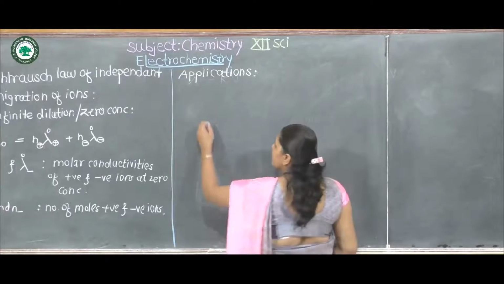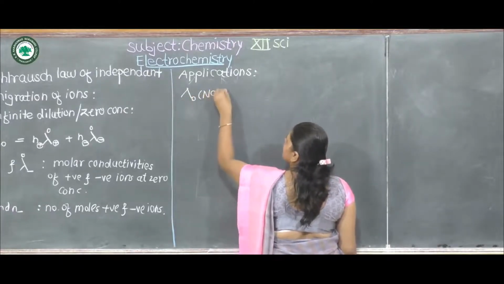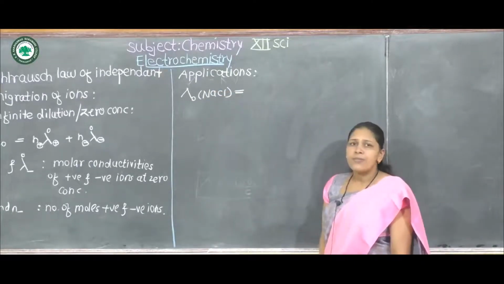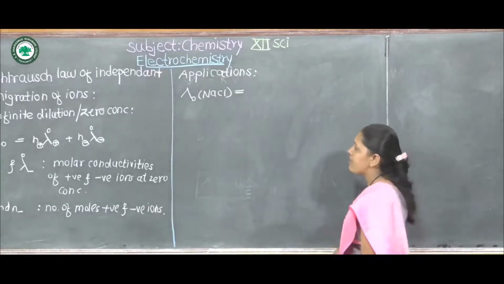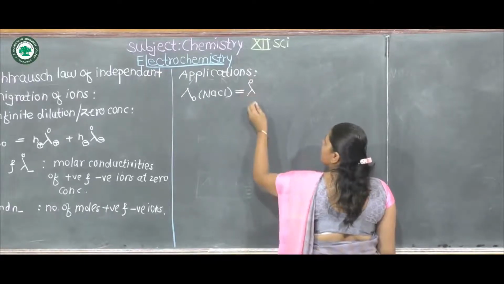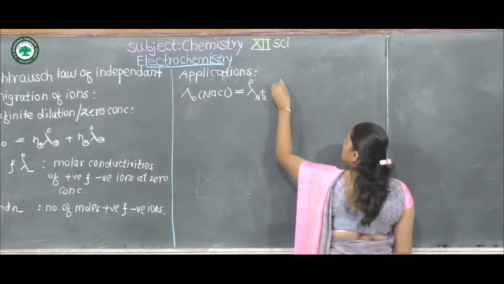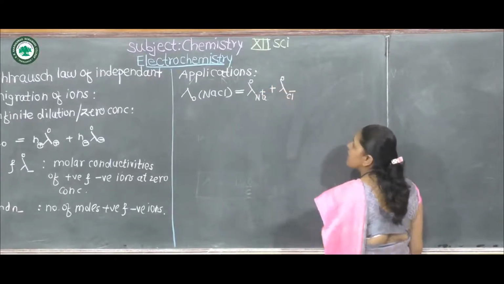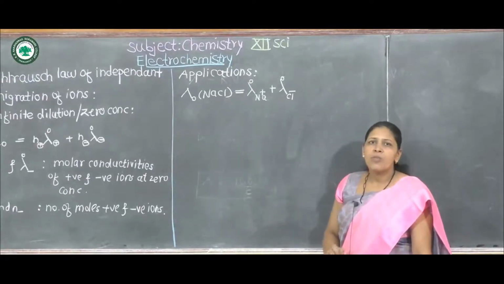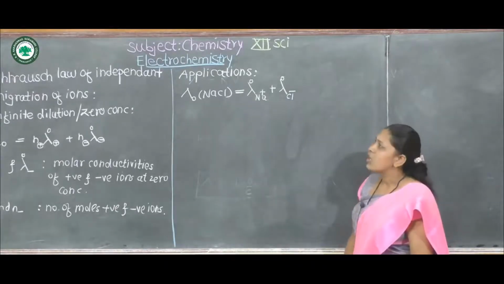For example, the molar conductivity of NaCl depends on the number of positive ions and negative ions. Therefore, molar conductivity of NaCl is equal to molar conductivity of Na plus plus molar conductivity of Cl minus. Here the number of moles of positive and negative ions are equal to 1.